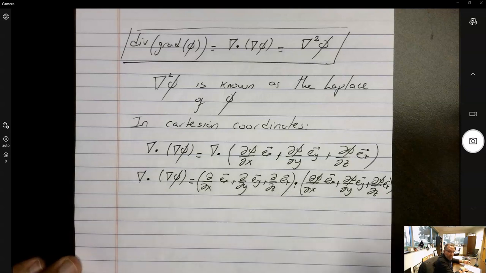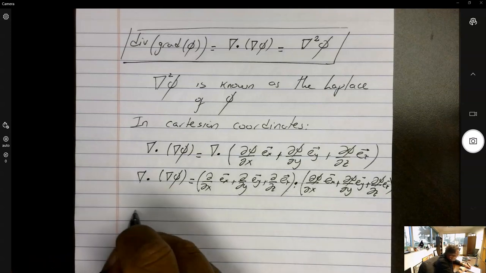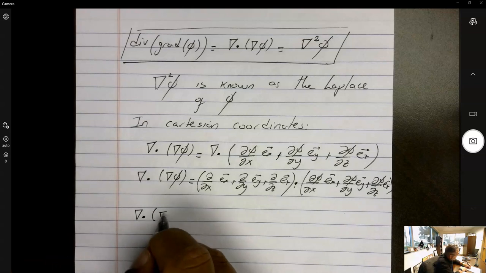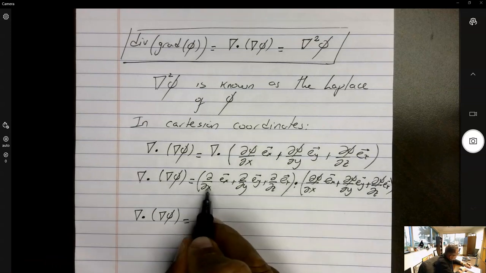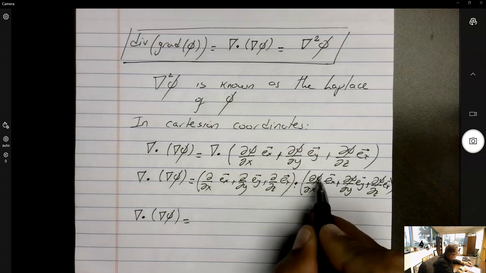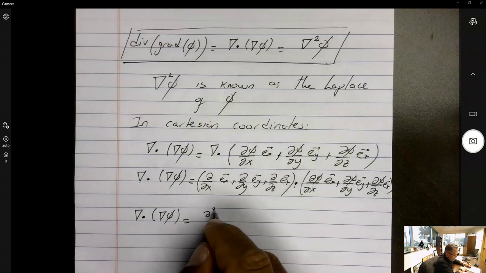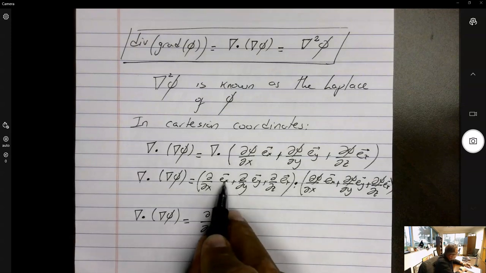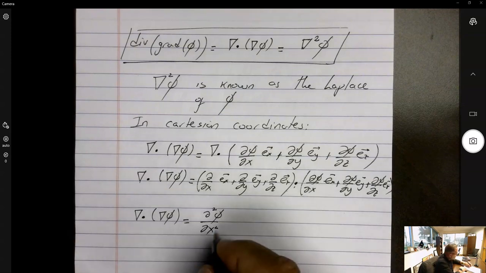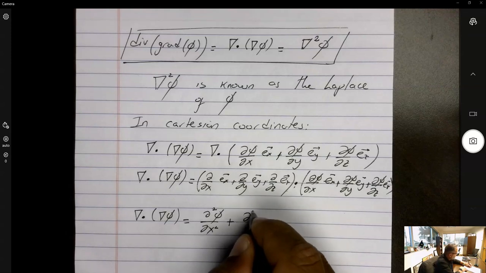The result of that operation is a scalar. So del dot del phi should be the derivative with respect to x of the derivative with respect to x of phi, which is the second derivative of phi with respect to x squared. The ex go away because this is a scalar operation.